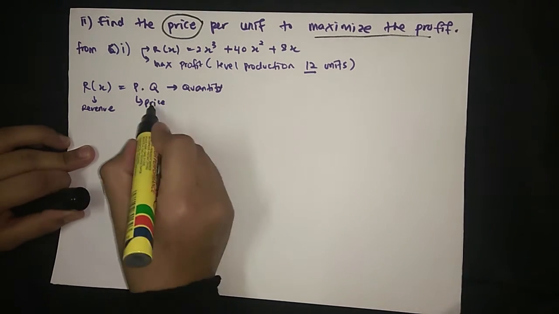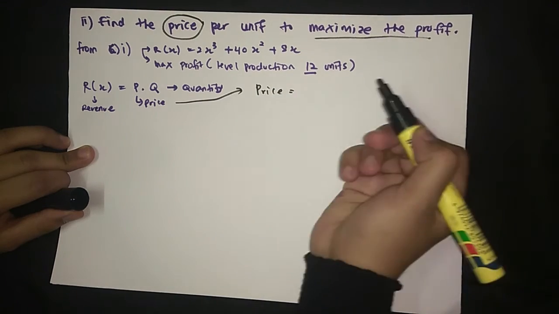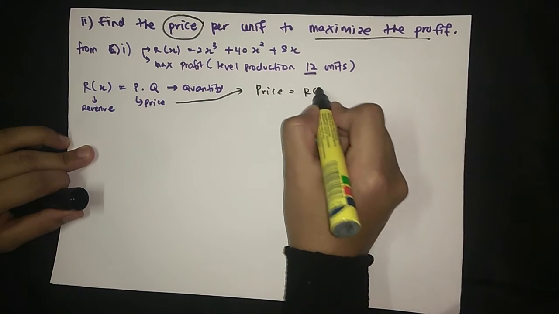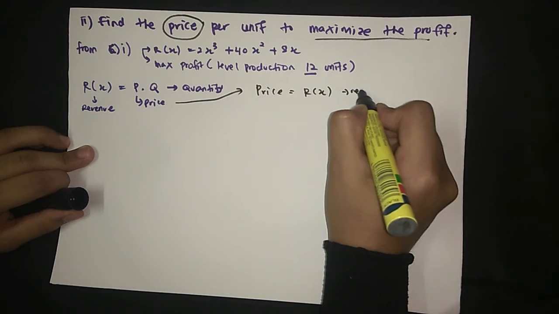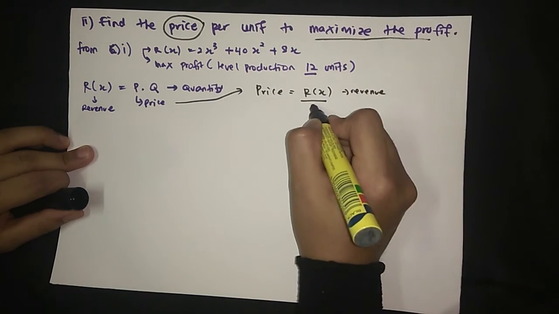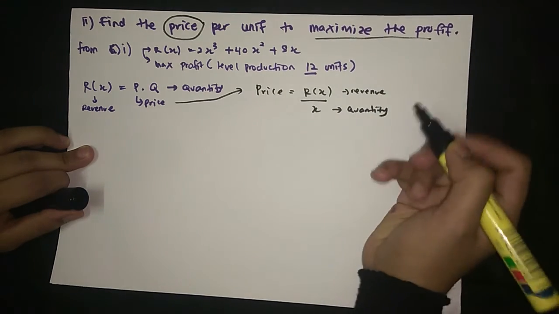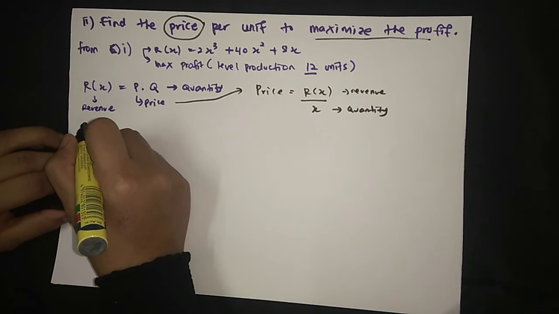If you want to find the price, we take out the price, so revenue function divided by quantity. R(x) is the revenue, and for quantity we use x because we don't know the value.